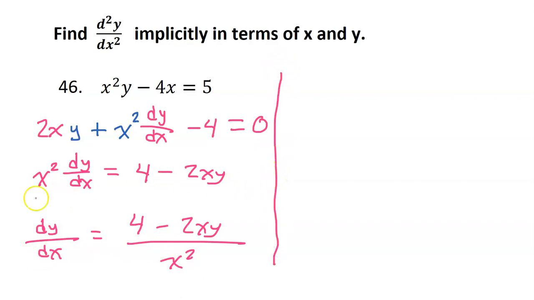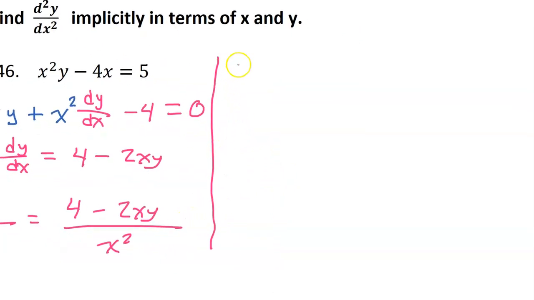Now, we need to take the derivative again, but we already have this complex expression, so you can see why it's going to get pretty ugly when I take the derivative of this. So I'm going to do the quotient rule. I'm going to say the second derivative is equal to, and you guys know the quotient rule goes low d high, less high d low.